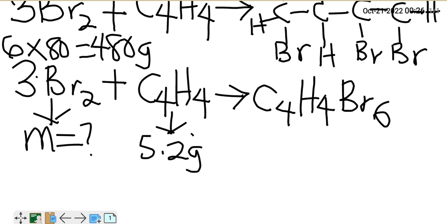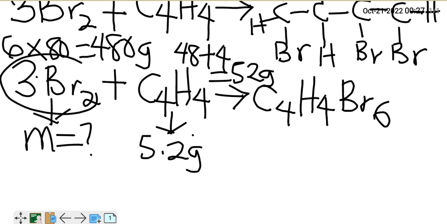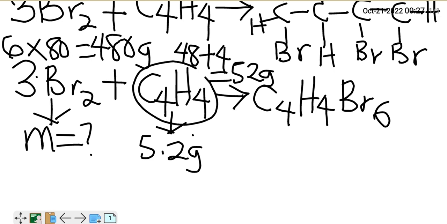Now from here we have 5.2 grams. What is the total reacting mass here? Each carbon atom is 12. 12 times 4 is 48, plus these 4 hydrogen atoms, which is 4 grams. So this will give us 52 grams.